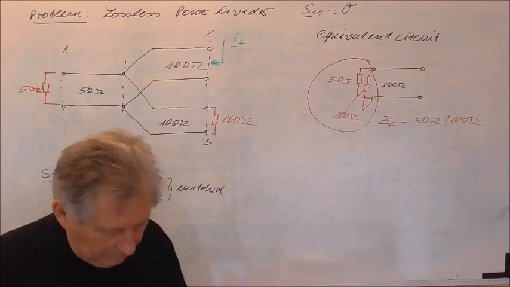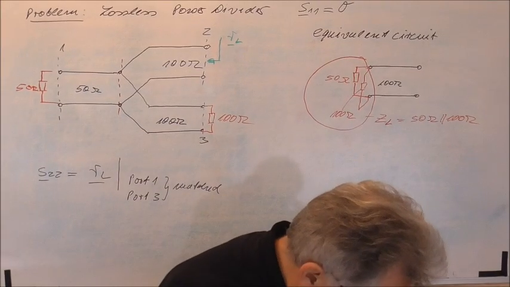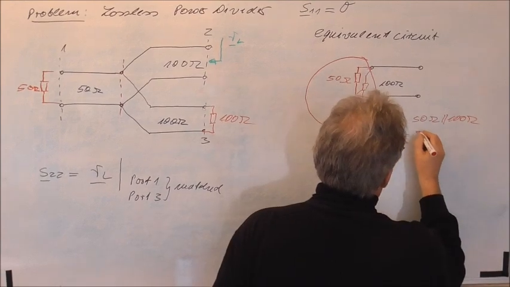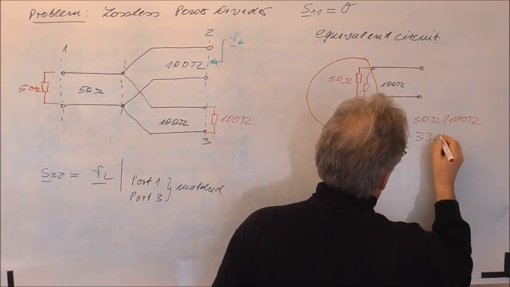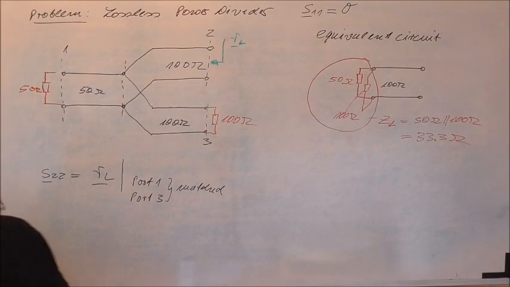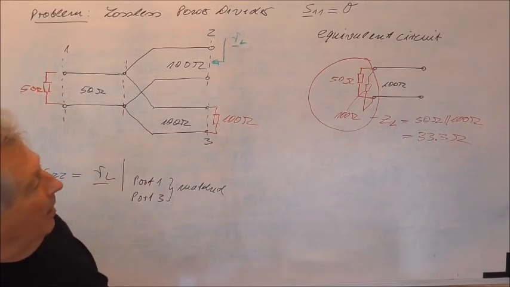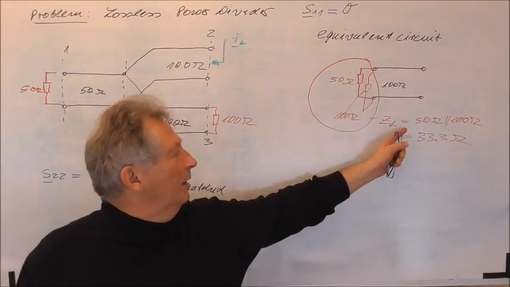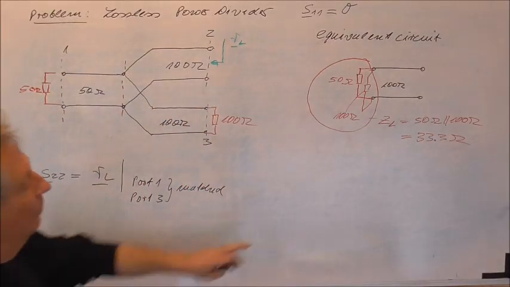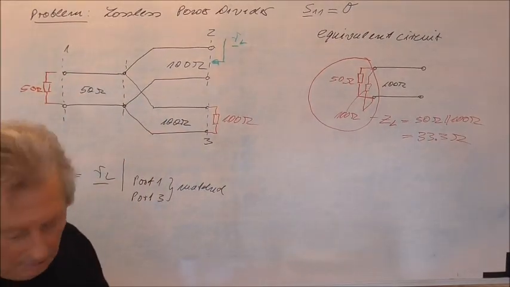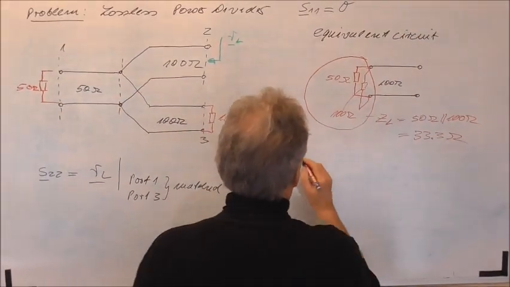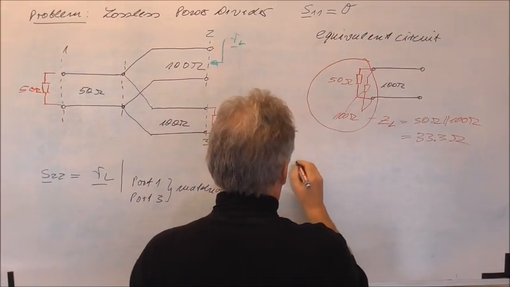And if you calculate the value, then it's 33.3 ohm. This will be the parallel connection. Of course, you know, the parallel connection is always smaller than the smallest resistance here.